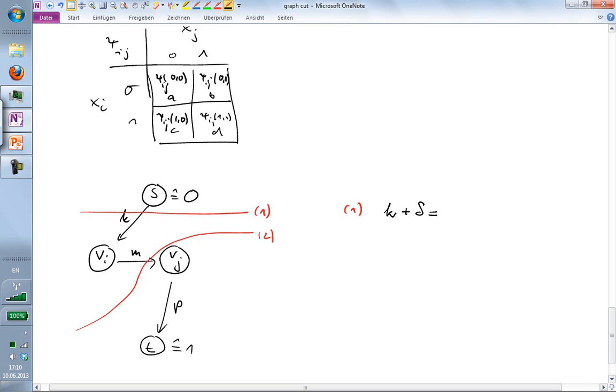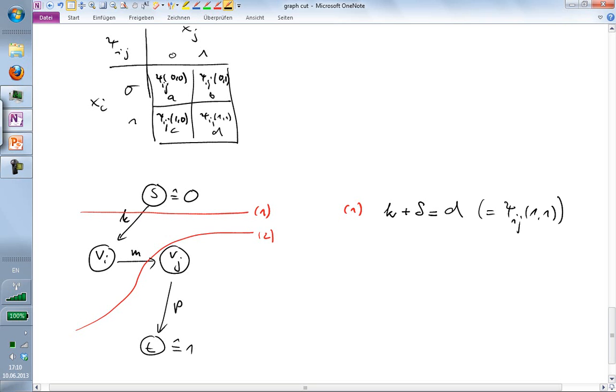So this should be D. Just as a reminder, D was the abbreviation here for psi ij of 1, 1. Because cutting here in this position number 1 should cost me D according to the original energy function.